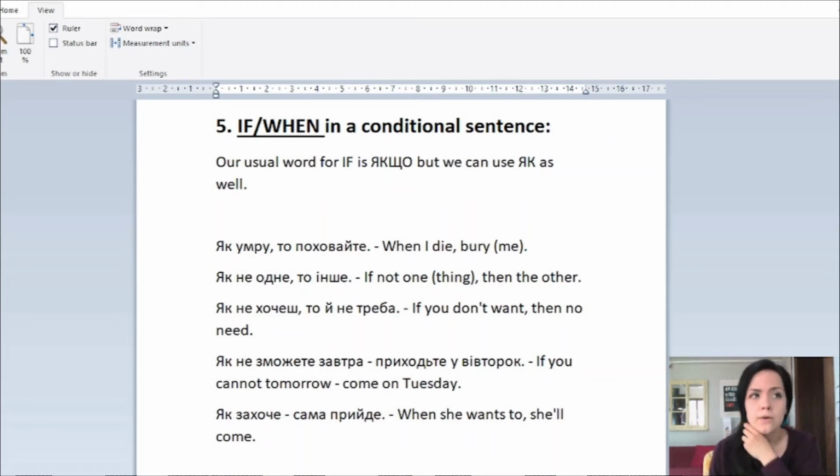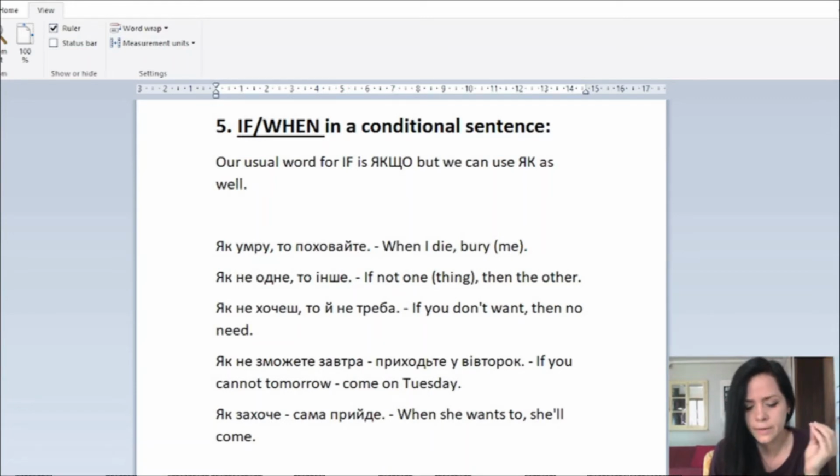So in Ukrainian, we can use як, meaning if or when in a conditional sentence, right? So what is a conditional sentence? It is the kind of sentence that says, if this happens, then that happens, okay? If this, then, okay?